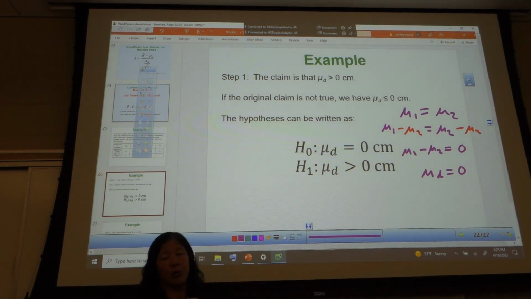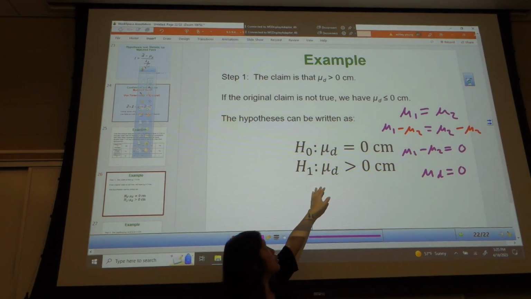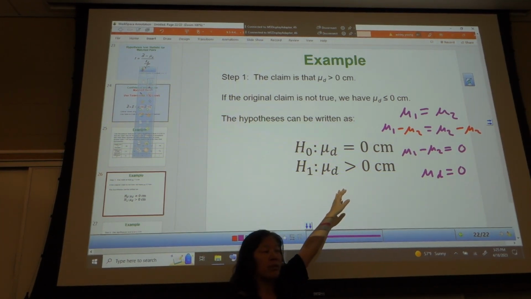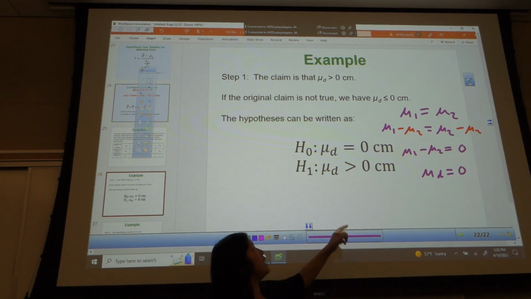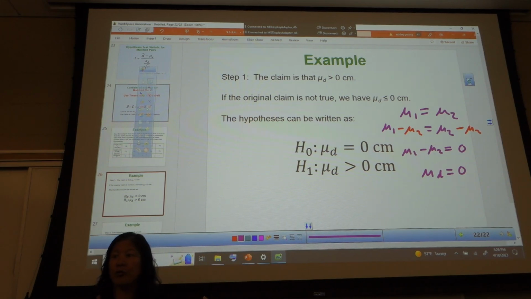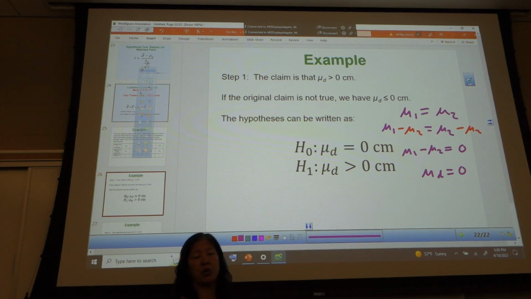For this claim, we claim that the first group is larger than the second group, so mu_d should be bigger than 0. If the first group was smaller than the second group, we'd say that mu_d would be less than 0. And if we claim that the two groups were the same, then that would be H0, and H1 would become not equal to.